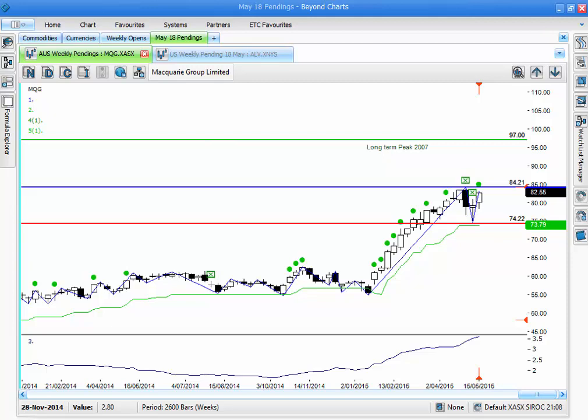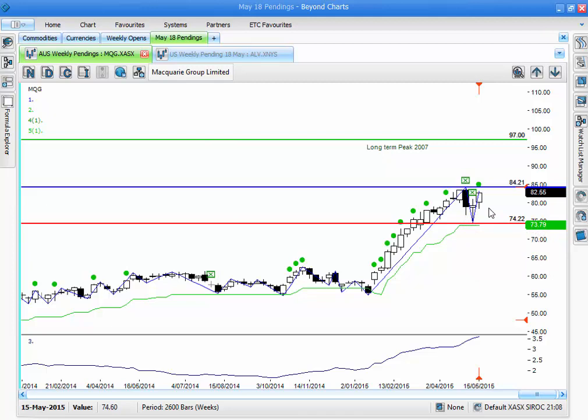By adding a confirming element, if you like, the fact that we, as an example here on Macquarie Group, you can see on the chart here, we've got most definitely a confirmed trough being put in. And that's exactly what we're asking the scan to do.